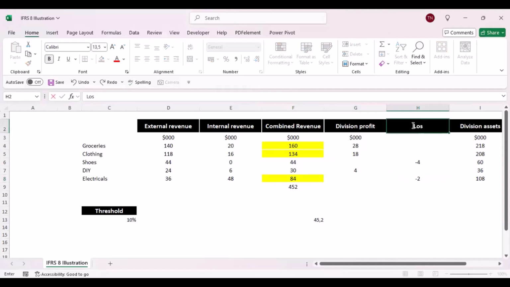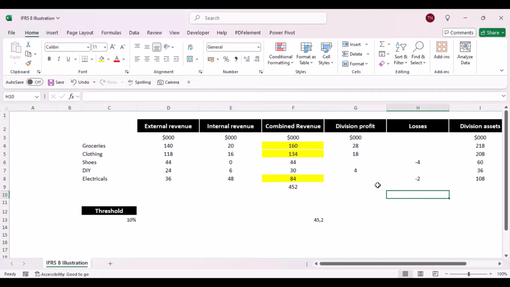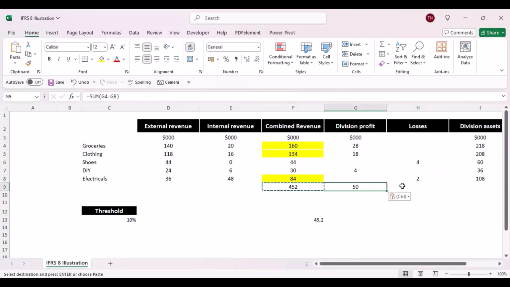So this would be the losses. But not only that, we need to consider only the absolute amount. So let's forget about the loss being a negative. So we just use this as a 4. This would be 2. Then we add together. So there's a 50, then there's a 6. So the profits equal 50, the losses equal 6.